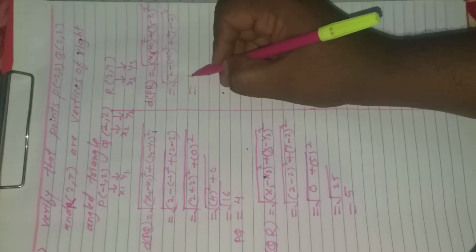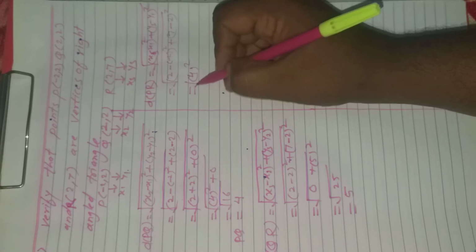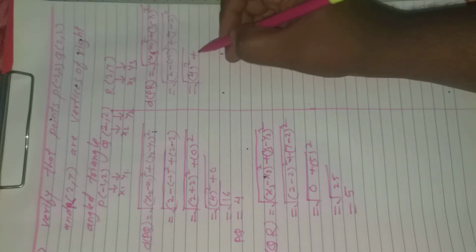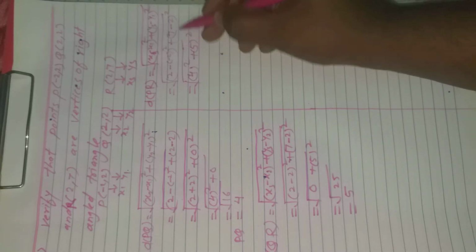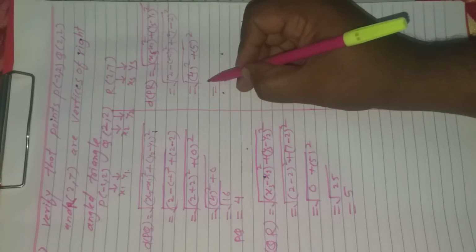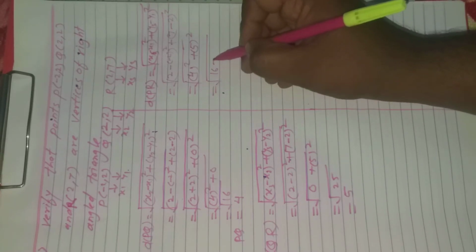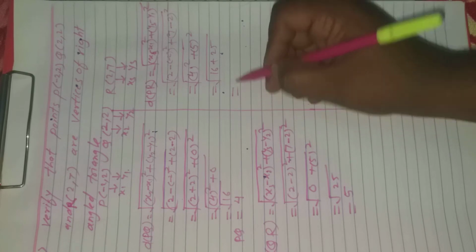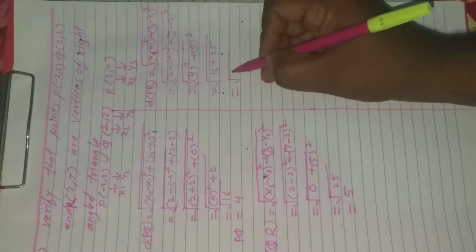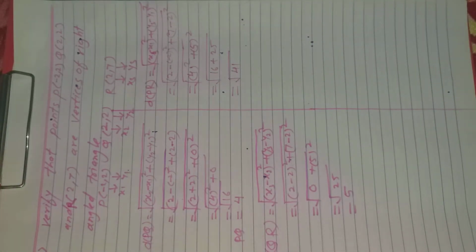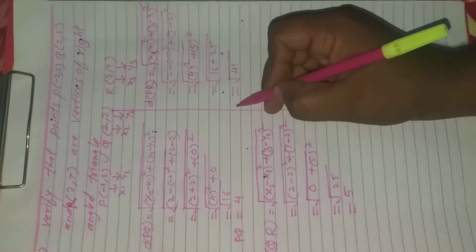This minus minus becomes plus. 4 square plus 5 square. 7 minus 2 is 5, that is 16 plus 25. 16 plus 25 is what? 41, that is under root 41. This is what? PR.